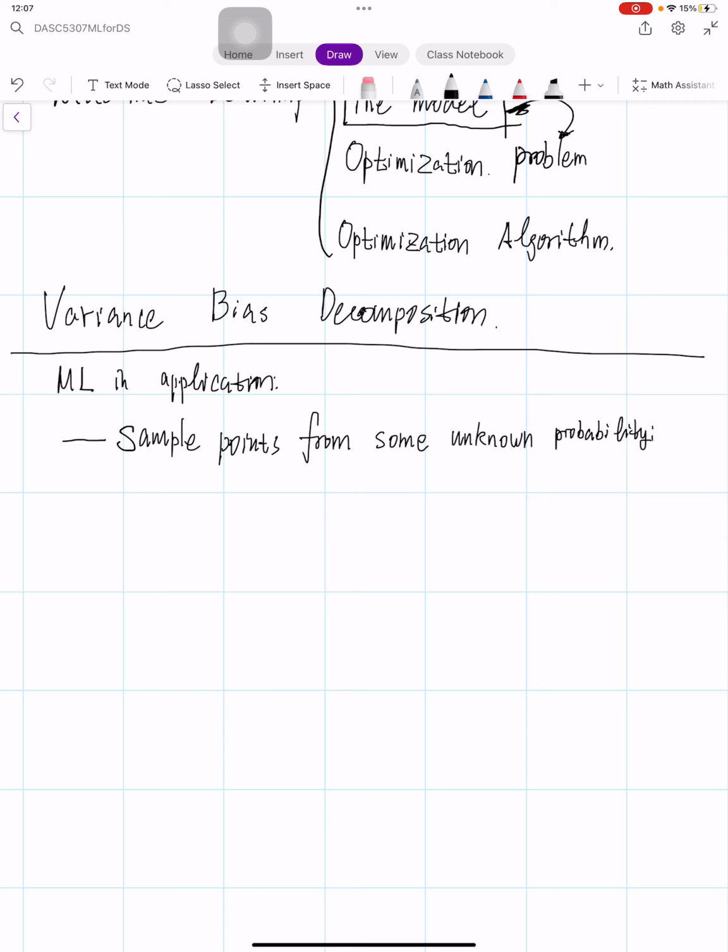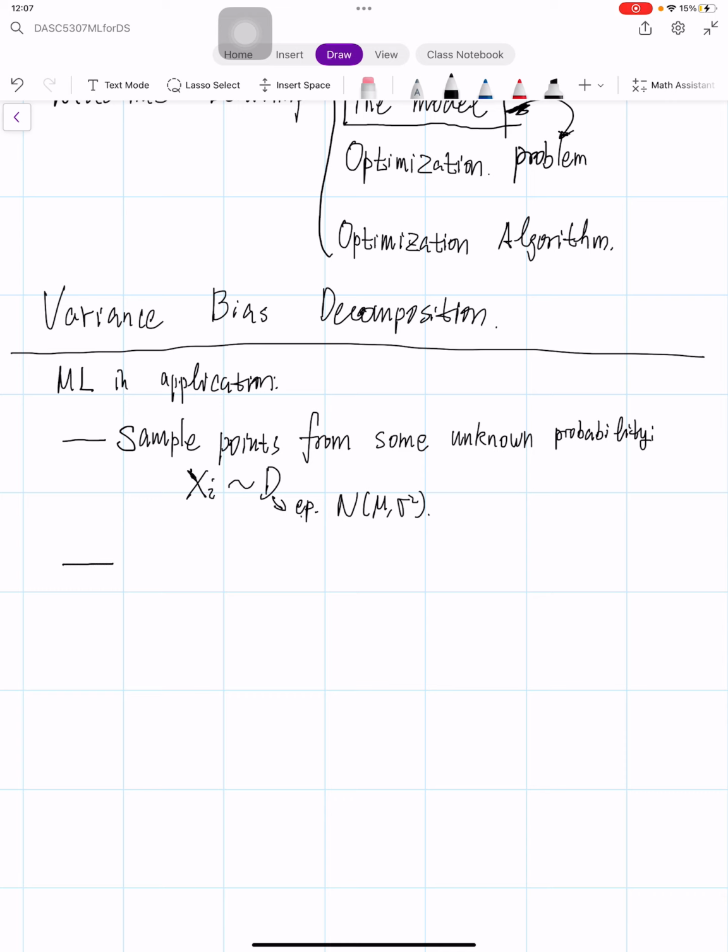For example, we always assume xi follows some distribution. You can think, in support vector machine for example, we assume this is a normal distribution with some mu and sigma squared. And that's the input x.